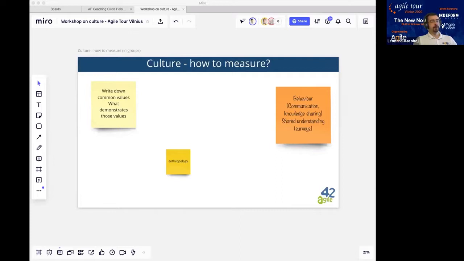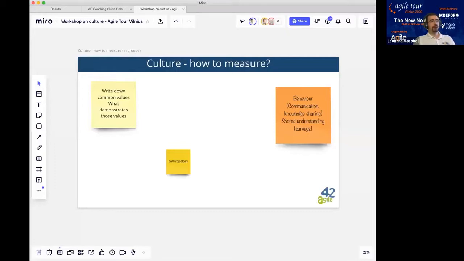So we thought that it should be split into more granular things. With behavior and shared understanding, we have 2 groups. Then we started thinking what can go beyond those groups. We have communication and knowledge sharing, and of course there could be more things we can measure, but we were short on time.